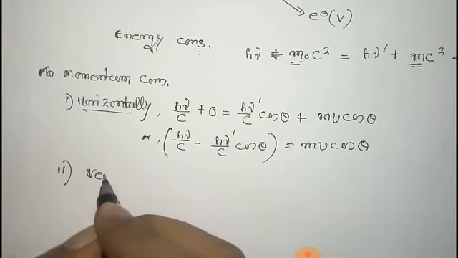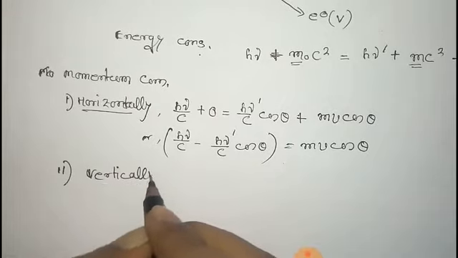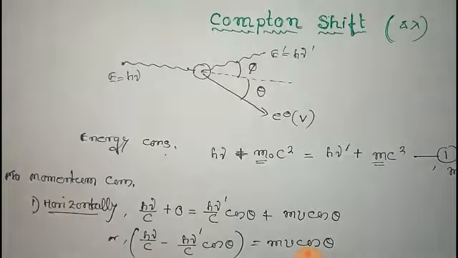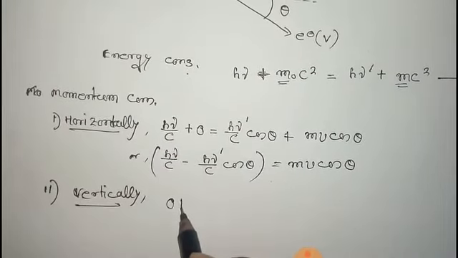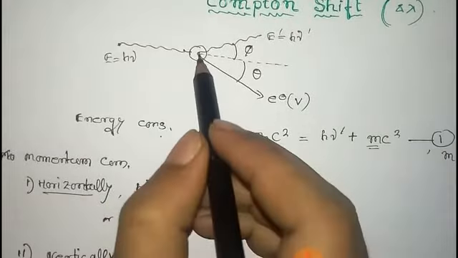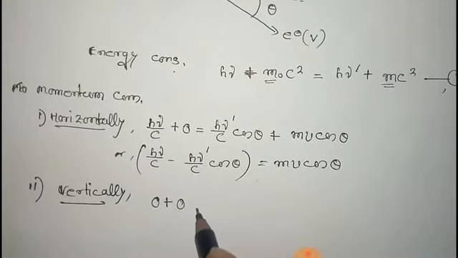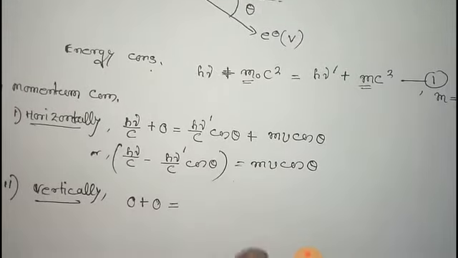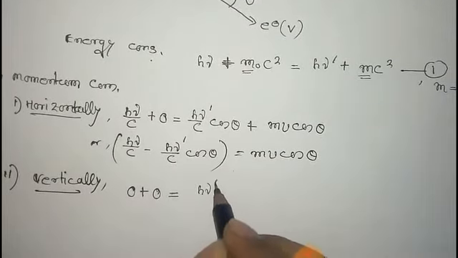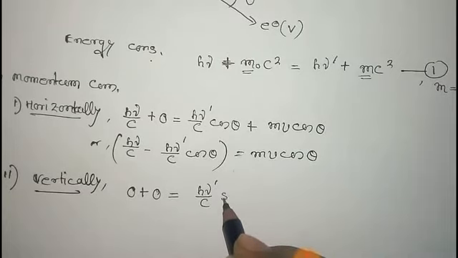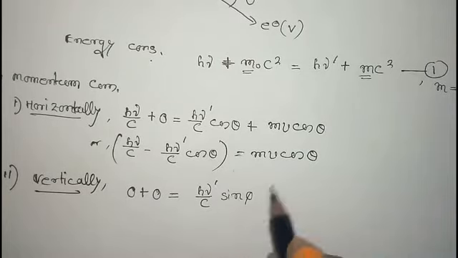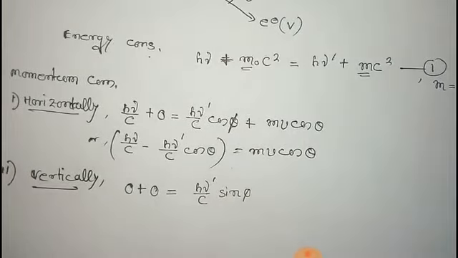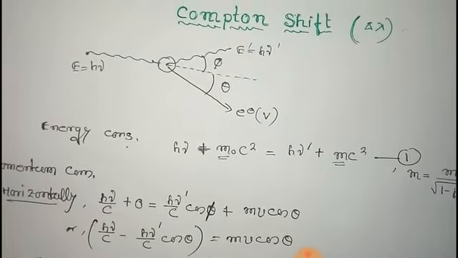And now vertical momentum conservation. It has no component vertically before collision, so it's 0, and the electron has also no component because it's at rest, so it's 0. After collision it has vertical component h nu prime by c sin phi, because the angle of the scattered photon with the horizontal is phi.